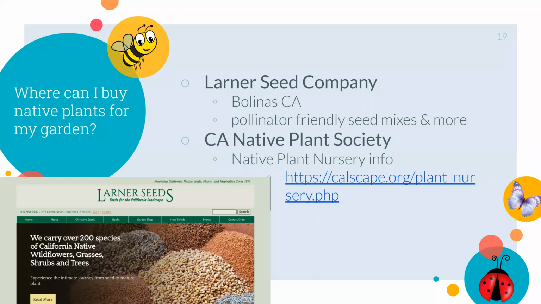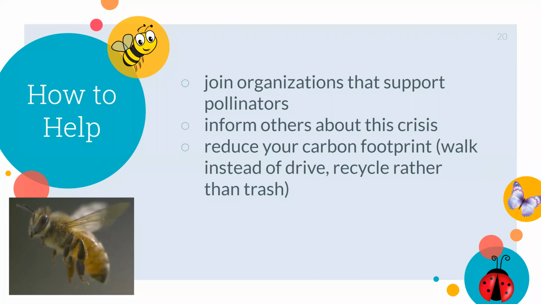Some other things you can do to help bees is to join organizations that support pollinators, such as LEAF or Beyond. And you can also inform others of this crisis, like your parents or friends. And you can use resources that we have on our website, or you could link people to our social media and such.